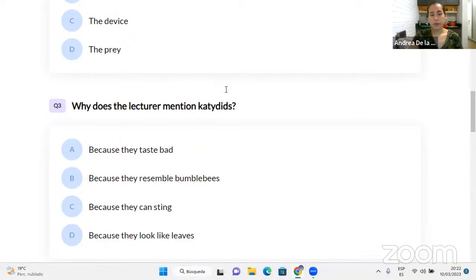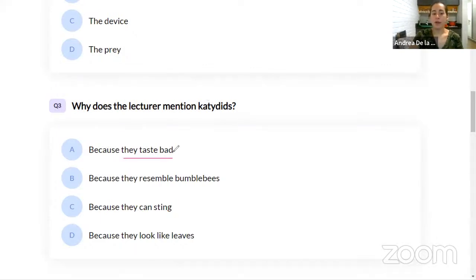Evelyn says B because they resemble bumblebees, okay? I think bumblebees are mentioned for Mullerian mimicry, right? So katydids and bumblebees. Henry says D because they look like leaves, okay? So because they taste that, the way that the animal tastes, or whether they're poisonous or not, that is related to what type of mimicry?